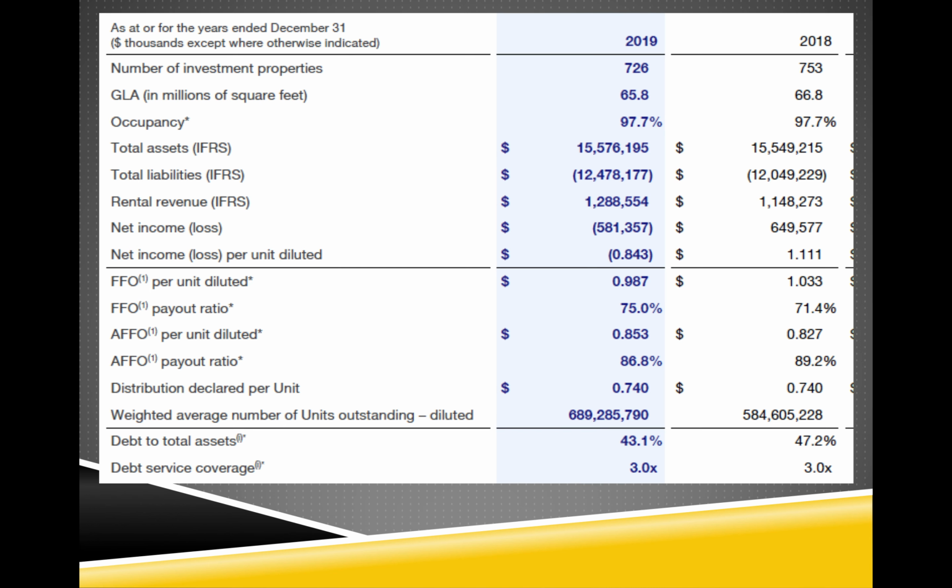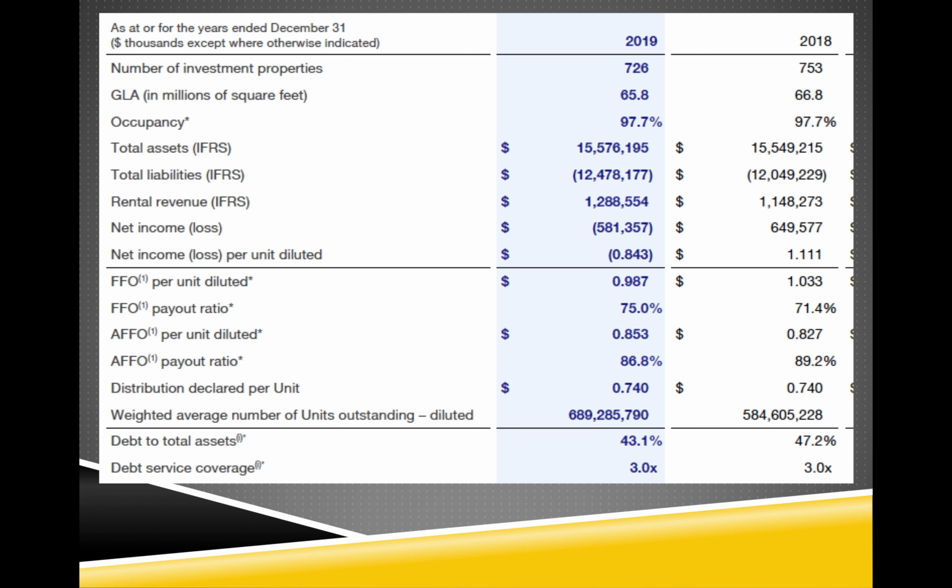They had a net income in 2018, but they had a net loss in 2019. And that may have come because of the sales of some real estate. Perhaps they had losses on that real estate. And then they have what's called FFO. And we'll talk about that in just a minute, but you'll see that the payout ratio was 75% or higher, and the distribution per unit was about 74 cents per share.